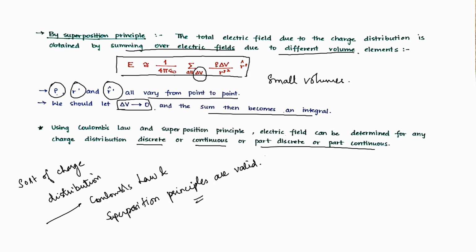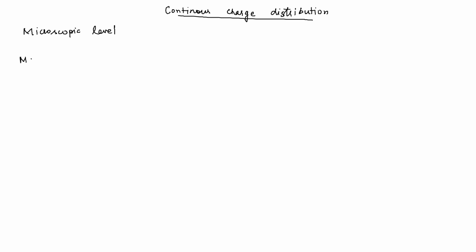So now we will summarize everything in a single page to understand what we have learned about charge distributions. For today we have read continuous charge distribution. In this, we have seen there are two concepts: microscopic level and macroscopic level.